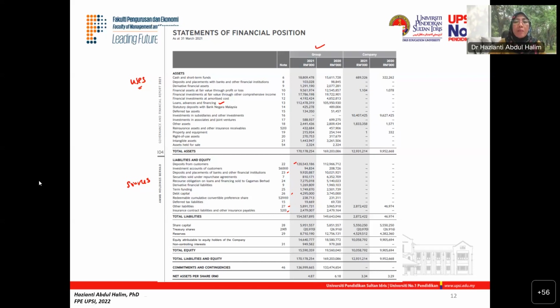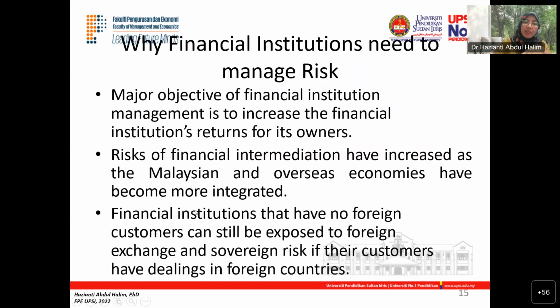Belum masuk dalam ni lagi. But that would be their risk as well. Because dia tak masuk lagi dalam ni, for example, for the asset tadi, land and building, dia belum transfer the ownership. Dia baru sign agreement. Benda belum finalize. So whatever things yang belum finalize and not in the balance sheet ni, kita kata off balance sheet risk.